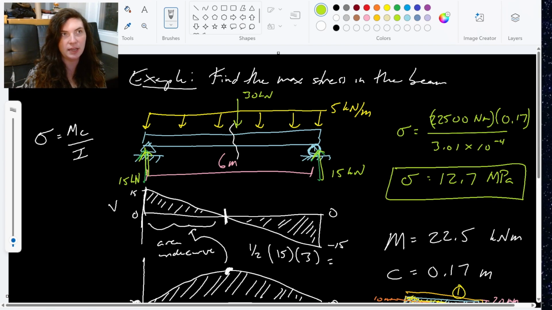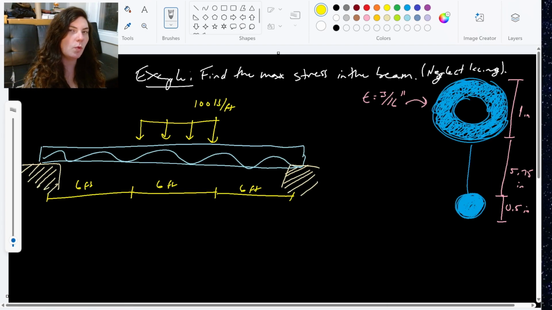They help us pick out exactly the criteria we need to meet when we're designing something. I've got one more bonus example here, just to show some of the nuances and some of the tips and tricks that we can use when we're approaching these problems.